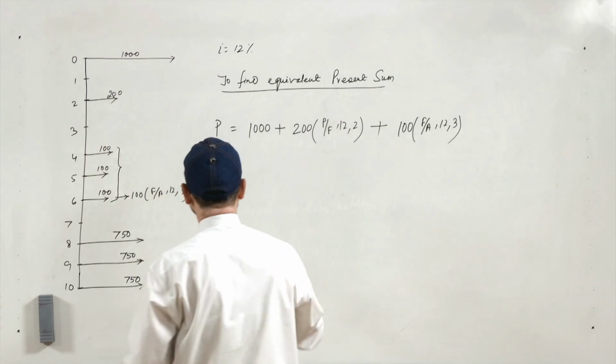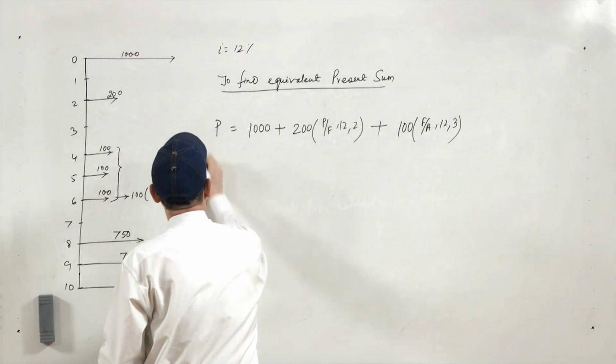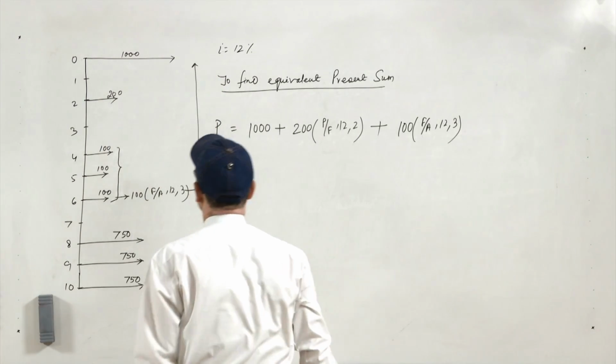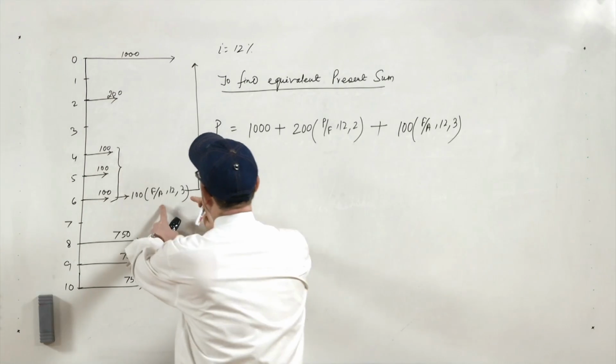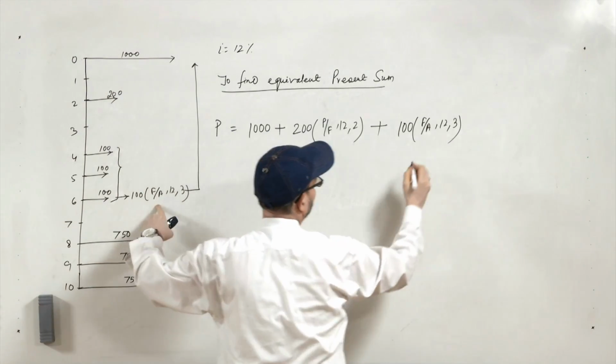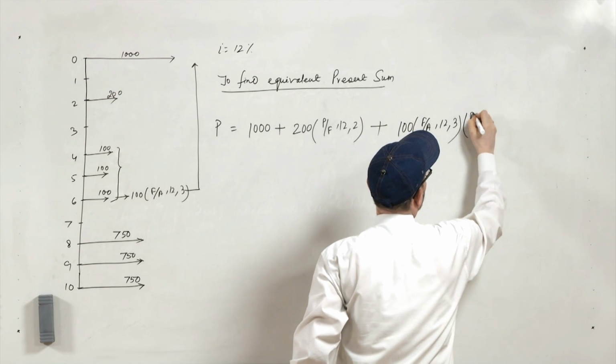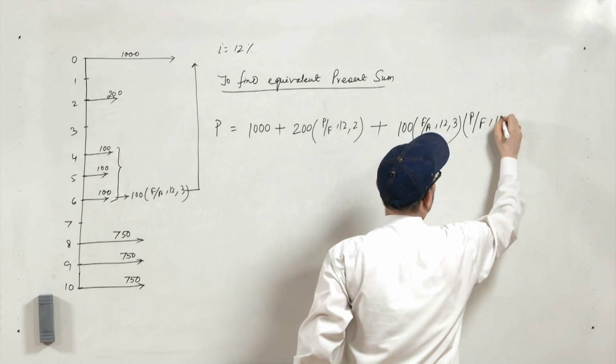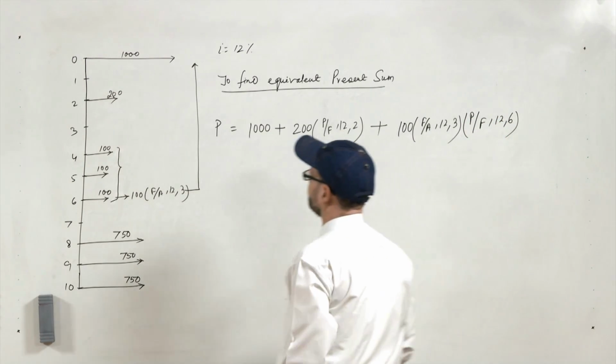Now, this point has to go here. So, this will be again multiplied with P by F 12 6. So, this amount will be multiplied with P by F 12 6.